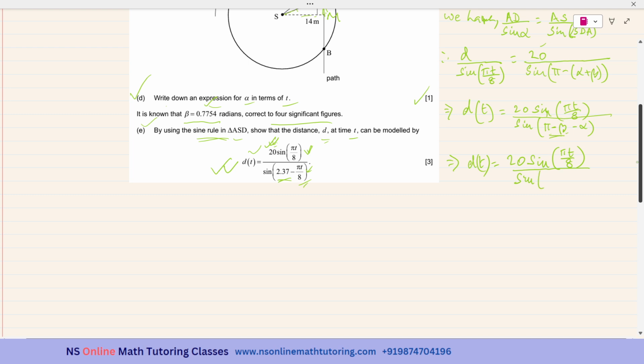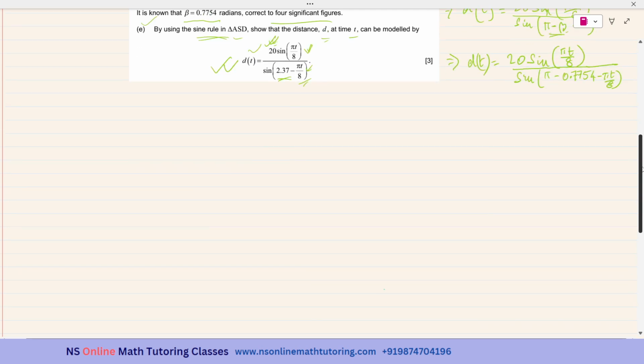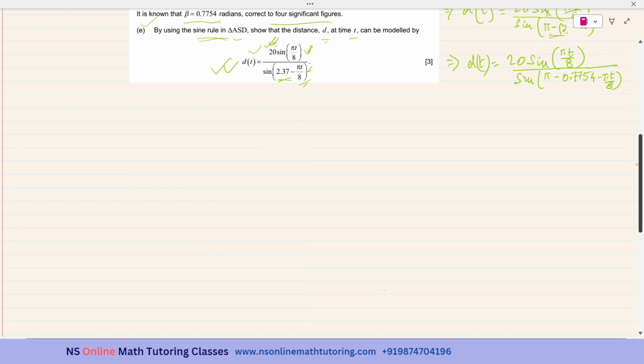So pi minus 0.7754 minus pi t over 8. Now I will be using my calculator. This is paper 2, I have my calculator.